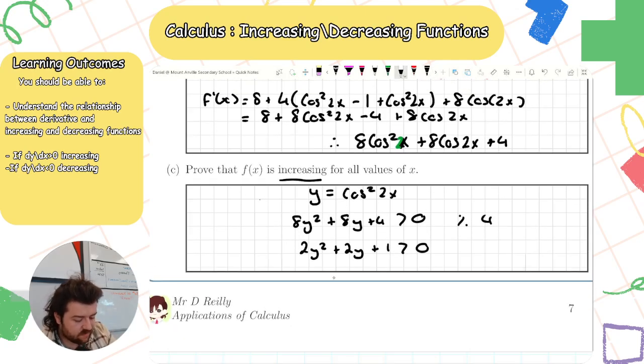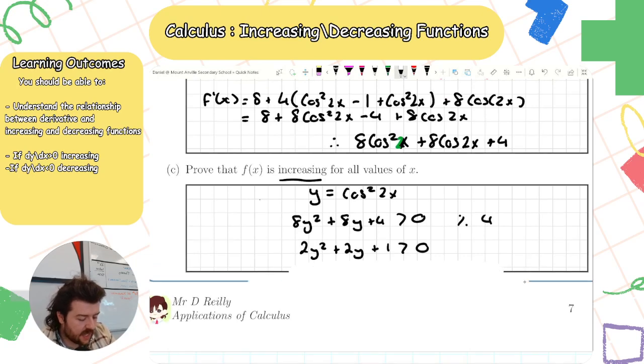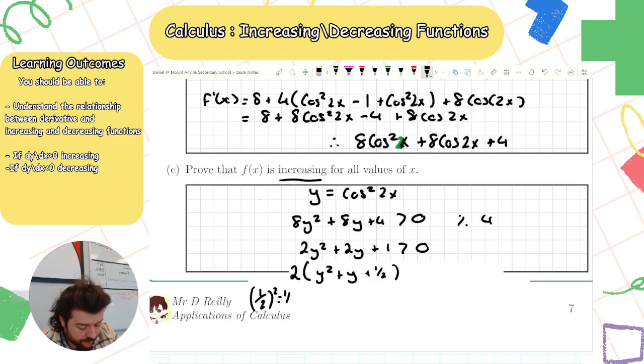Okay, so now I need to prove that my left-hand side is positive. There's no way for me to factorize this, so I'm going to complete the square. If I factor out 2, I'm left with y squared plus y plus a half. Half the middle coefficient and square it, so that would be a half squared, which is a quarter. 2 times y squared plus y plus a quarter, plus a half minus a quarter.